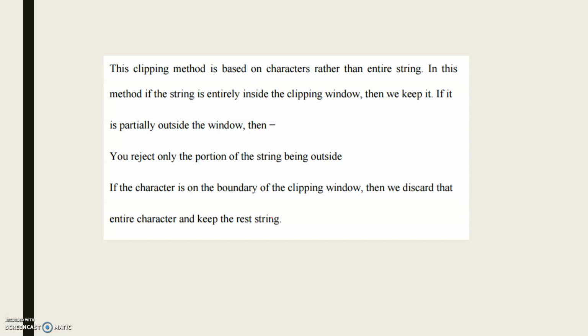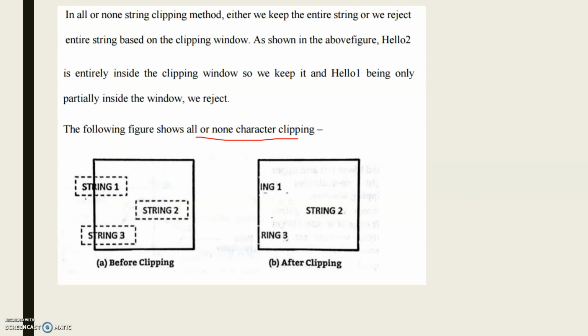In this method, if the string is entirely inside the clipping window, then we keep it. If it is partially outside the window, then you will reject only the portion of the string that is outside. If a character is on the boundary of the clipping window, then we discard that entire character and keep the rest of the string. Okay, as the name suggests, it is all or none character clipping.